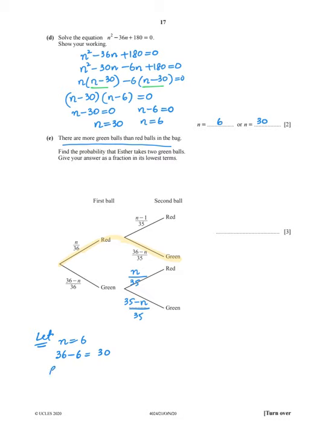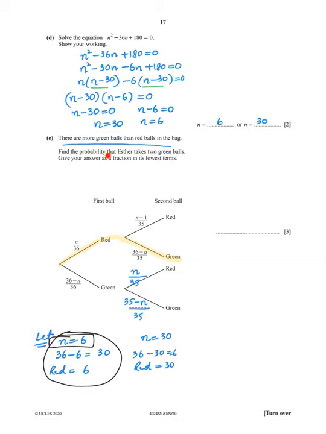And the number of red balls is equal to 6. But if n equals 30, green balls will be 36 minus 30 leads to 6, and red balls are 30. So it says that the number of green balls is greater than red ones. So the case that we are going to consider is this one, right? So the value of n we are going to consider is 6.